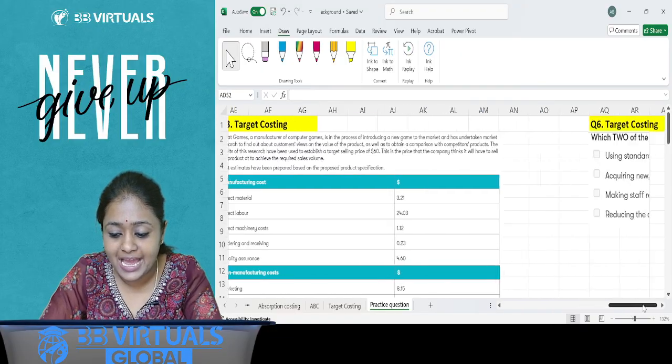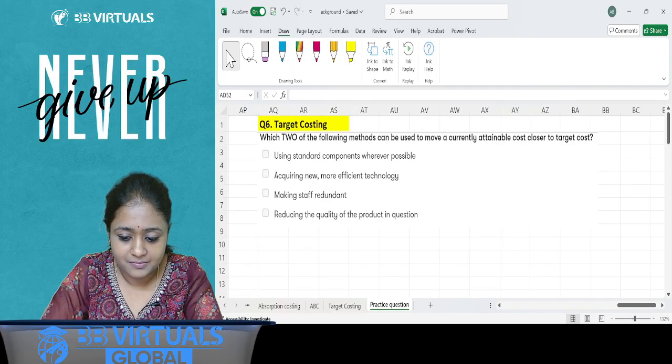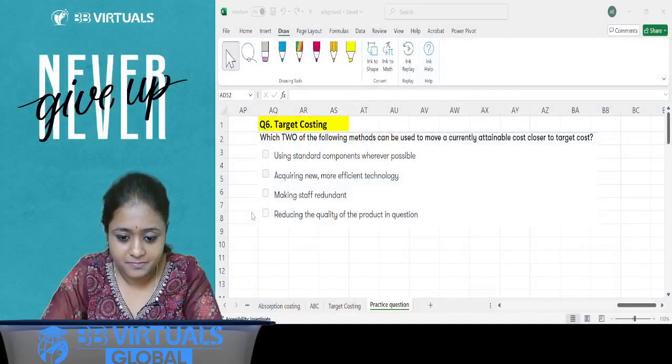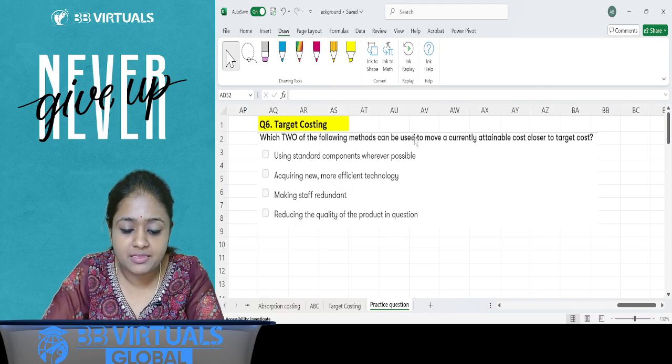Let's go forward and understand this as well. Okay, let's look at this question: which two of the following methods can be used to move a currently attainable cost closer to the target cost?